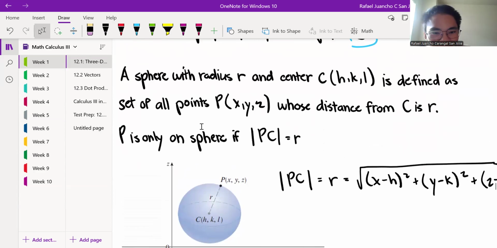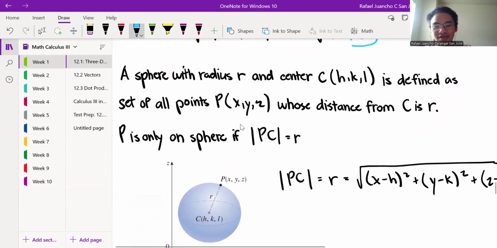Okay, now we're going to do something different, a little bit related, but this time not a box. We're going to do a 3D circle, a sphere. A sphere with radius r and center C, (h, k, l), is defined as the set of all points P, (x, y, z), whose distance from the center is the radius.